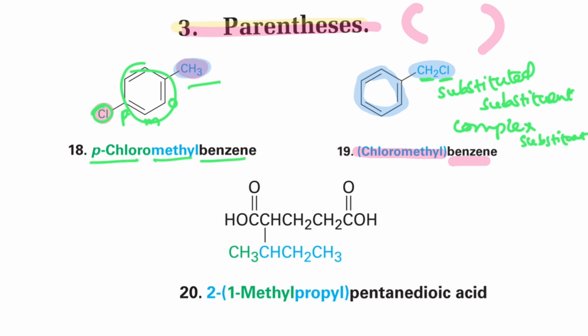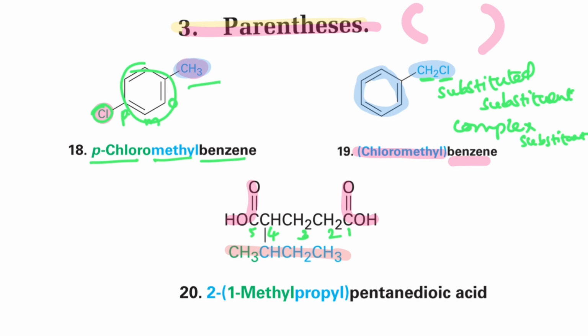Next, another example. We have two functional groups here. This is called carboxylic acid. Then this is totally one substituent because a parent chain should contain the maximum number of functional groups. Therefore, numbering is 1, 2, 3 and 4, 5.